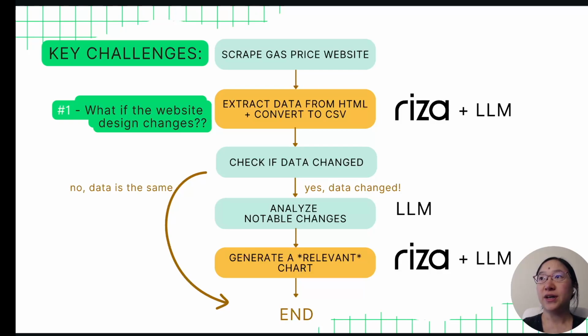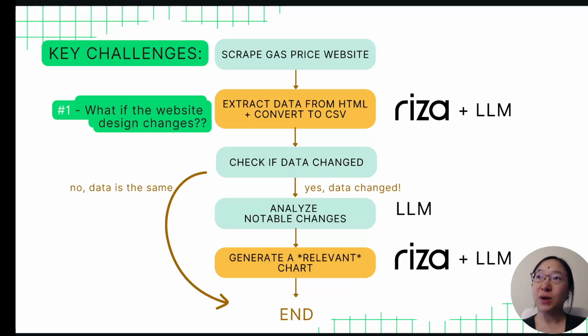All right, now let's look at what the key challenges are. Number one is, what if the website design changes? That is a key part that could break in this data workflow. And that could mean anything from AAA deciding that they want to change the headers on their table, or it could mean that they've slightly reordered some of the columns or something like that, or changed the design of that HTML table.